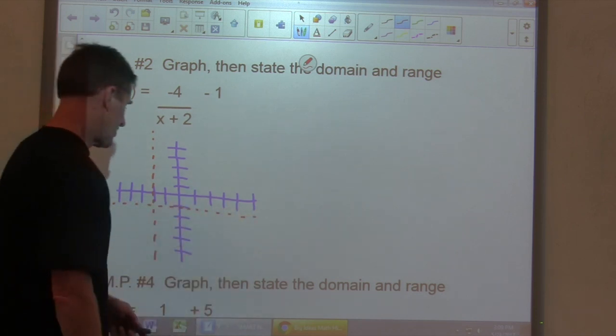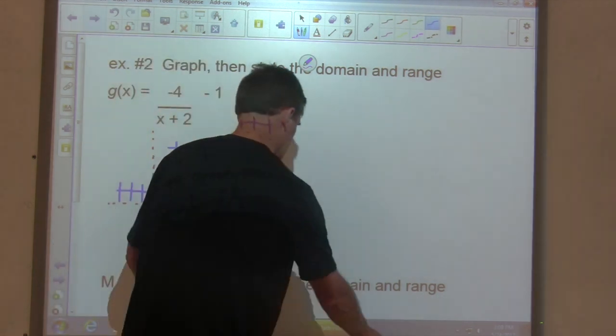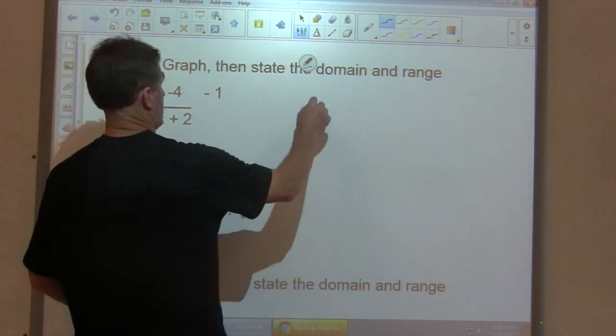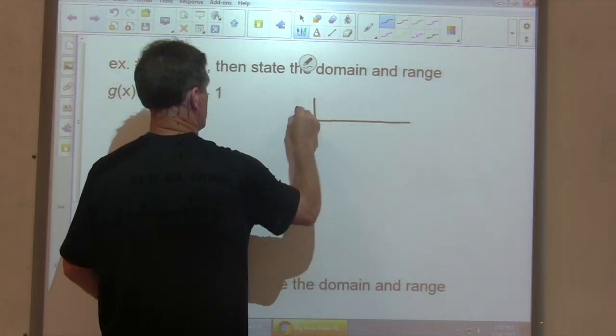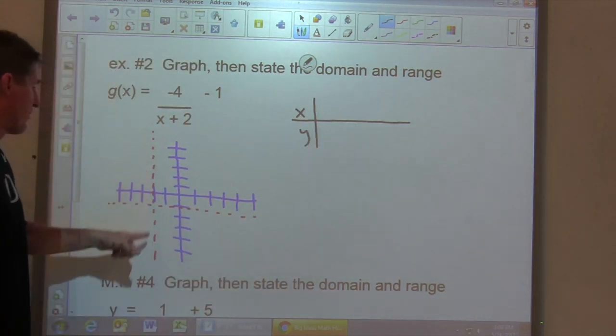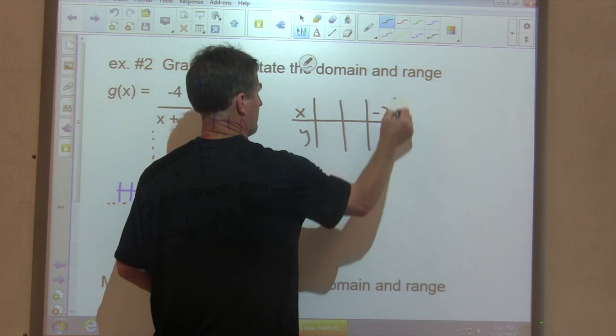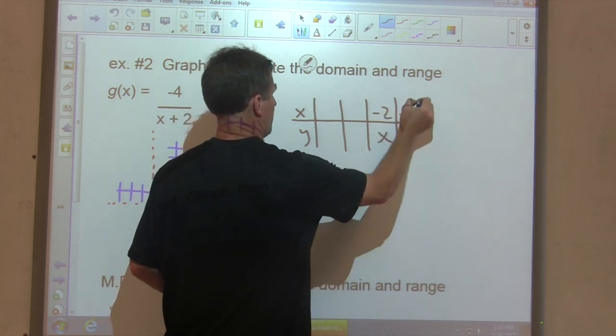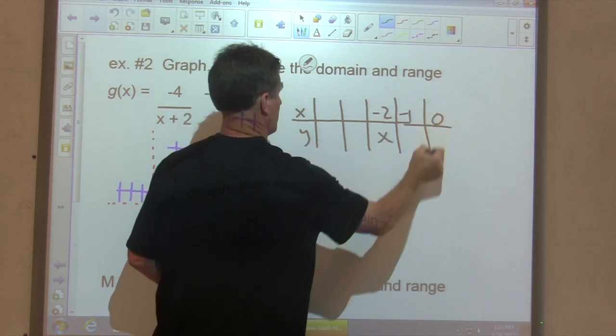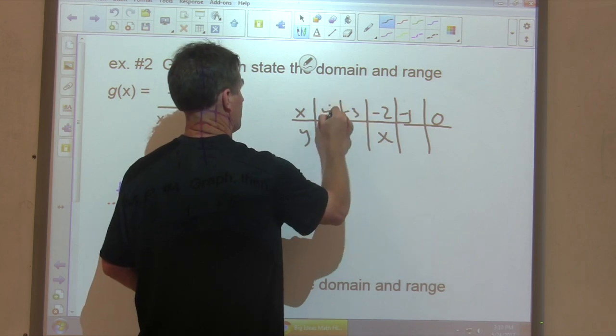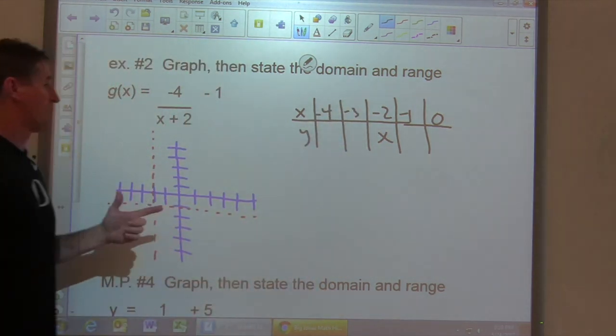So now we're going to make the chart. To make the chart, we're going to start at our vertical asymptote, so at negative 2. So we don't get a value there. And then we're going to go 2 values to the right, 2 values left.